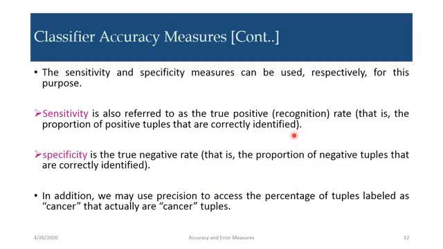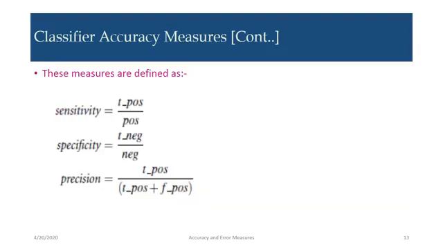That means it is the true positive recognition. Now what is specificity? It is the true negative rate, that is the proportion of negative tuples that are correctly identified. In addition, we may use precision to assess the percentage of tuples labeled as cancer that actually are cancerous tuples.